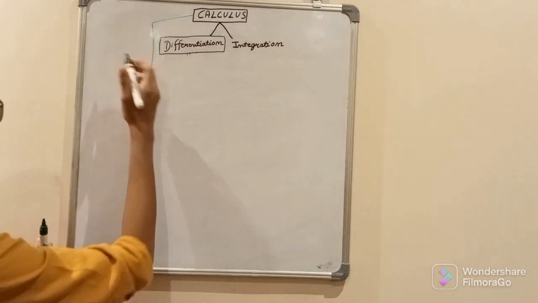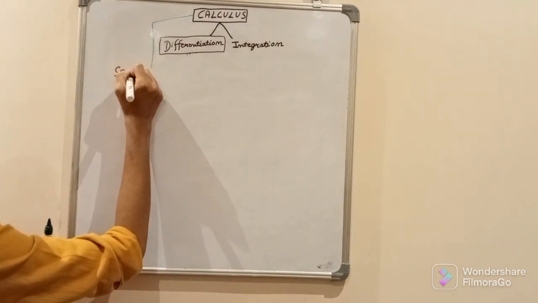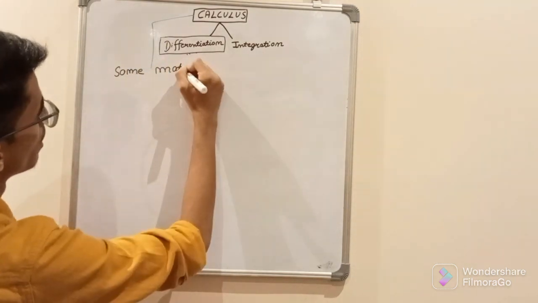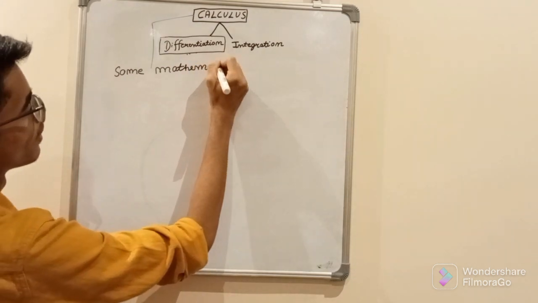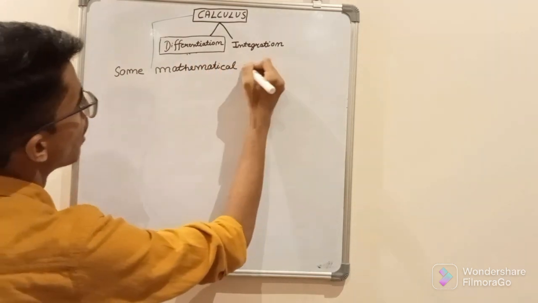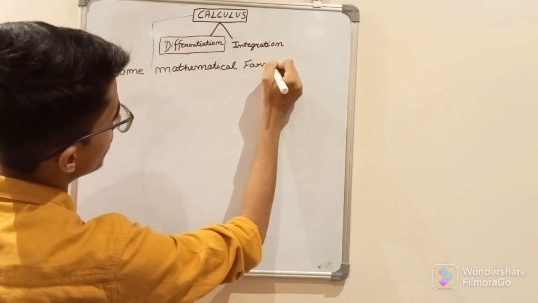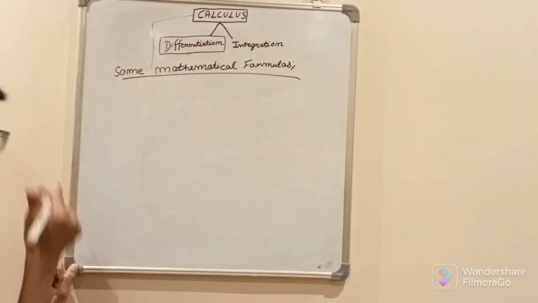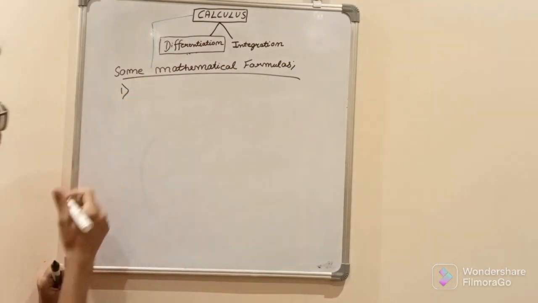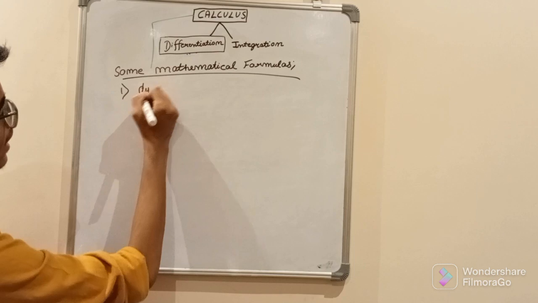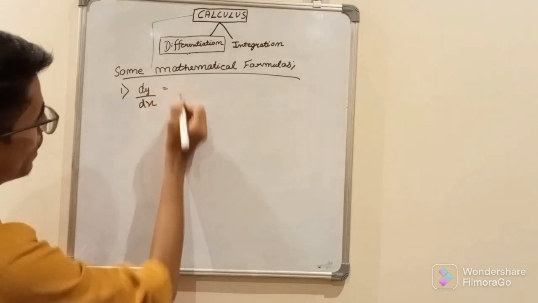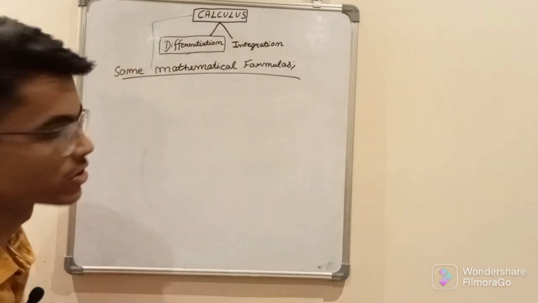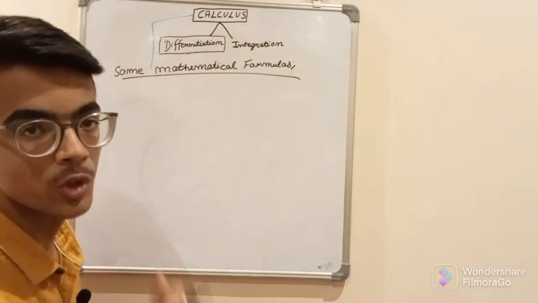Now, some mathematical formulas for differentiation. First, dy by dx. Now, whatever values here will be differentiated in terms of y.